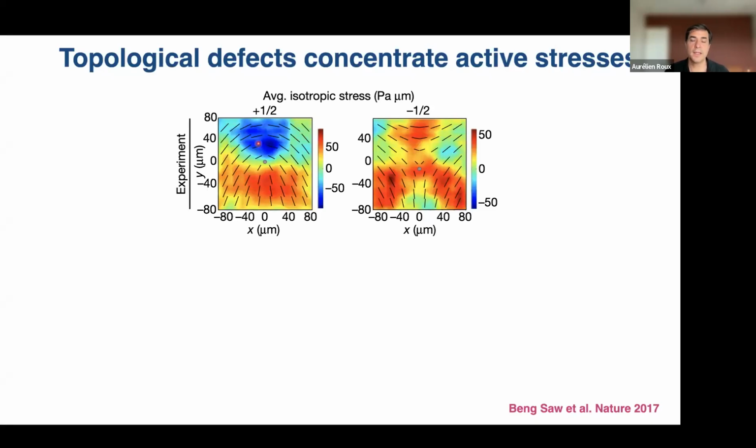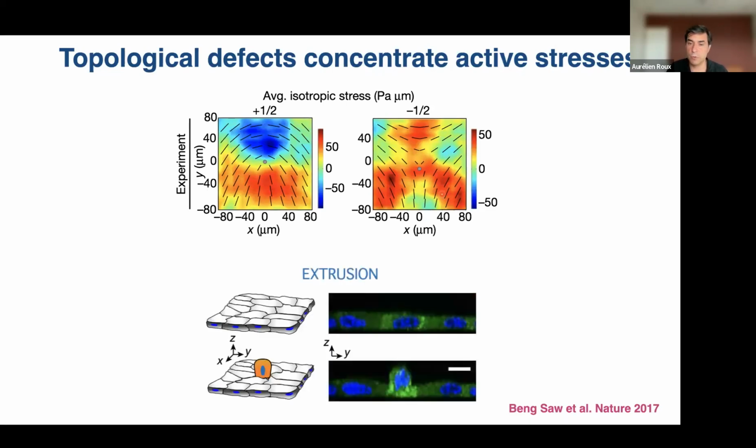The blue one is showing extensile stresses, and the red one the compressive stresses. And you can see that mostly around defects of +1/2 and -1/2 charges, you find compressive stresses.